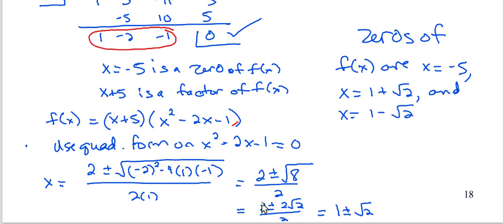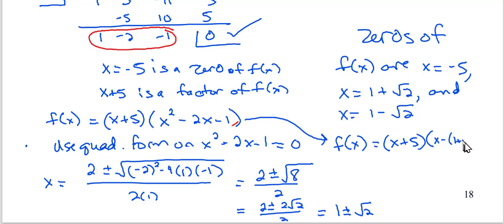As far as factoring it into linear factors, that's basically saying, how do I break down that quadratic? f of x will be that x plus 5, and then it's always x minus the zero. So it'll be x minus (1 plus root 2), then another factor is x minus (1 minus root 2). So it's the 3 of those factors.